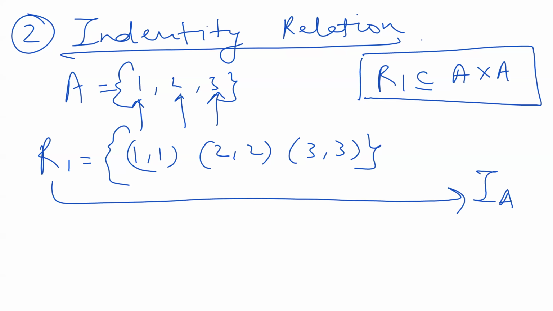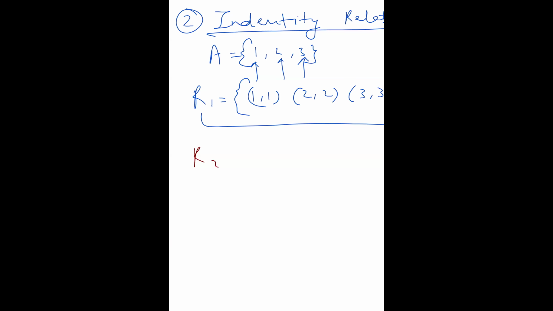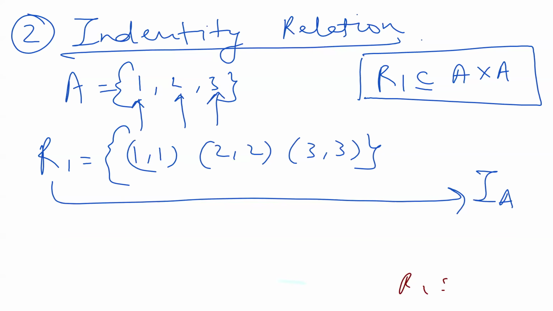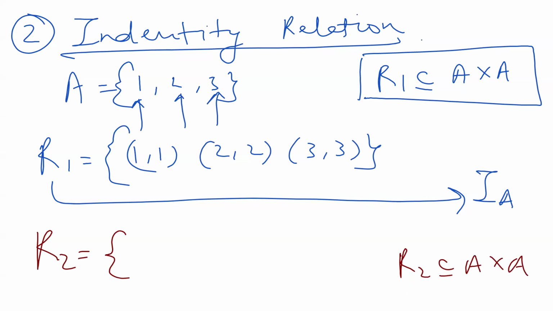Now let's say R2. R2 is also a subset of A cross A. Let me give an example. A is {1, 2, 3}. R2 has (1, 1) and (3, 3).